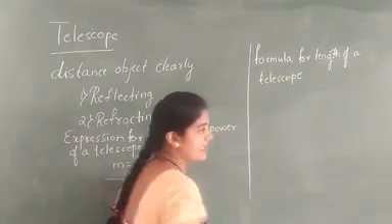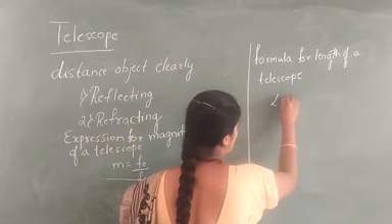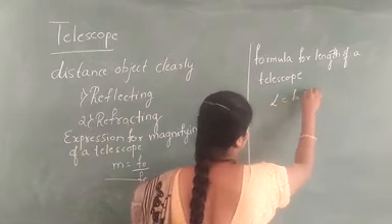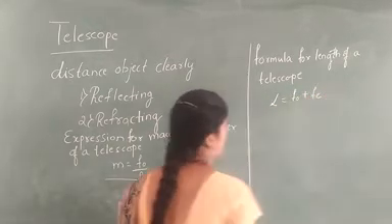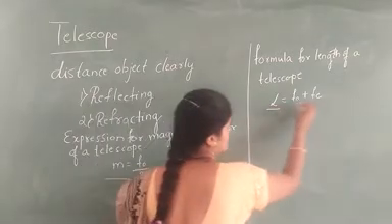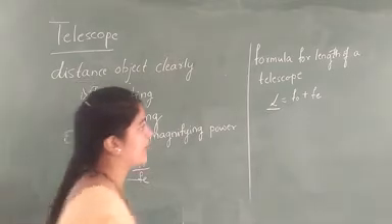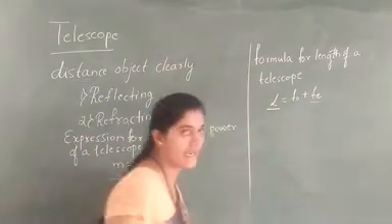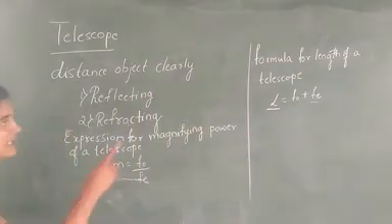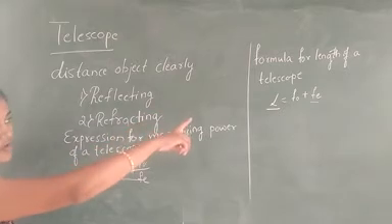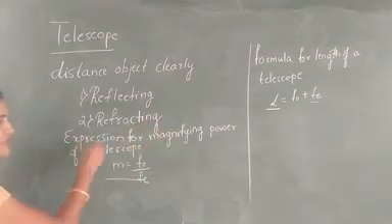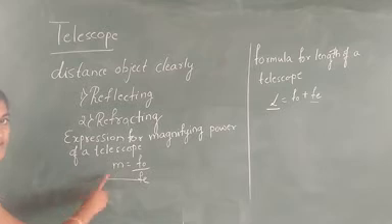Here we are considering the formula L is equal to f naught plus fe, where L is the length of the telescope, f naught is the focal length of the objective and fe is the focal length of the eyepiece. Formula is L is equal to f naught plus fe, and the expression for the magnifying power is m is equal to f naught by fe.